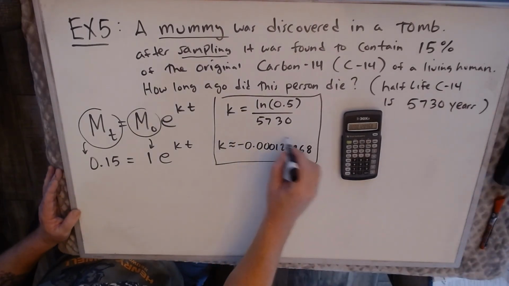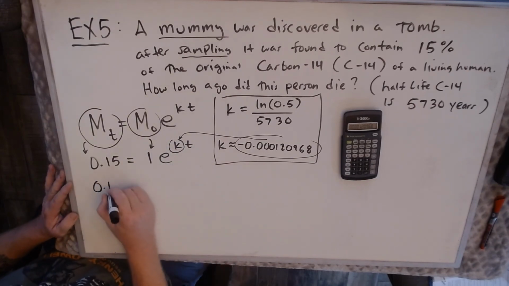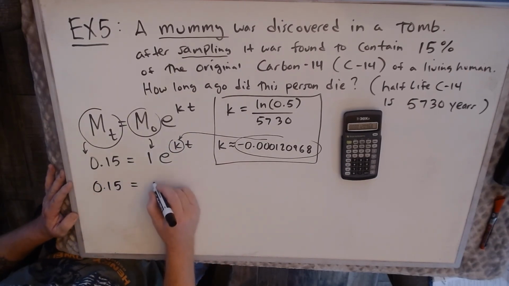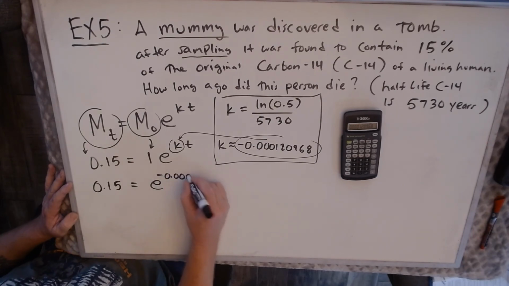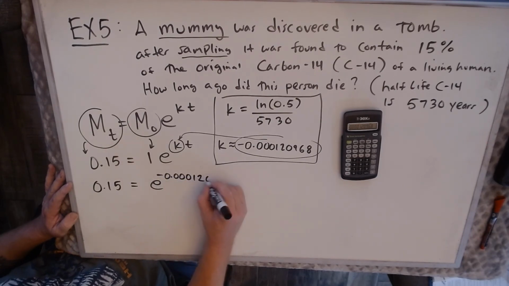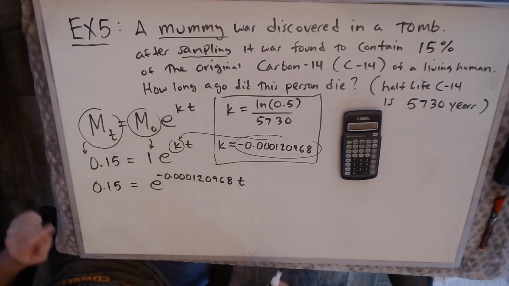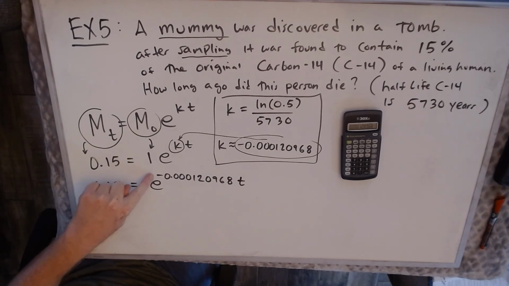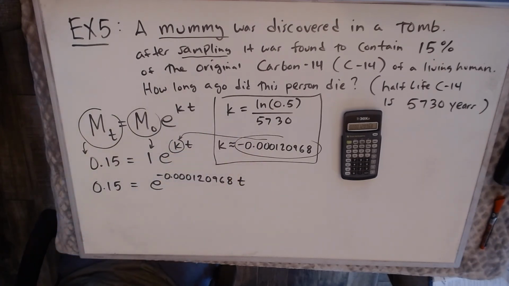So this K is going to go here, and we're going to solve for T. Remember, if you make a mistake and your constant comes out positive, it'll be growth, not decay. So make sure that you don't have the wrong sign for your K, because oftentimes these numbers look very similar.